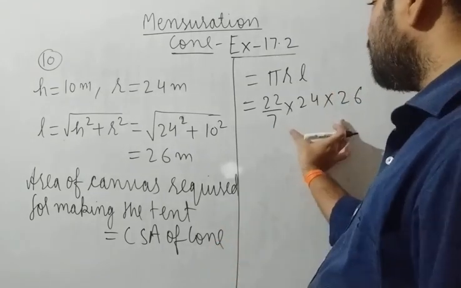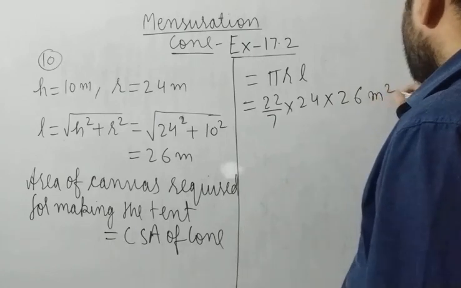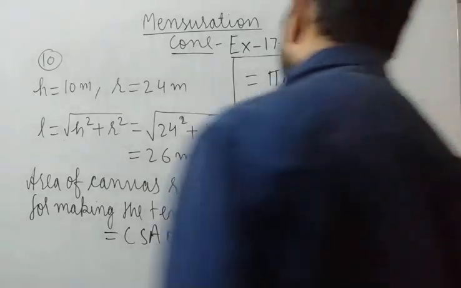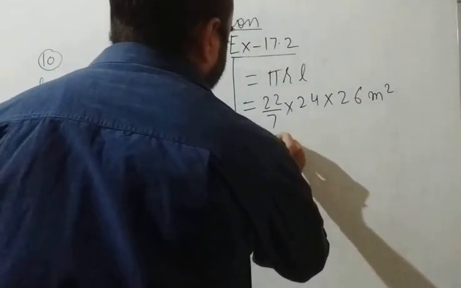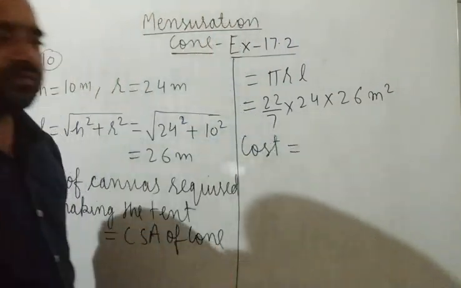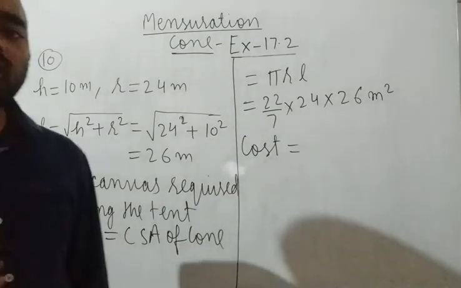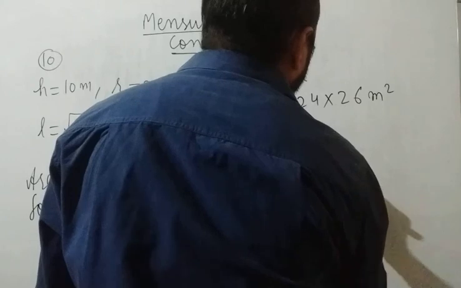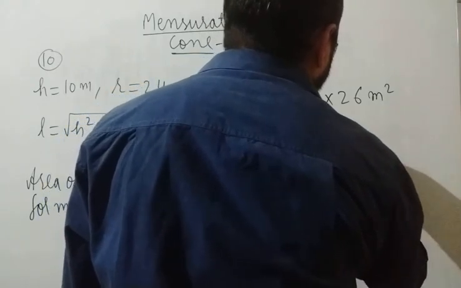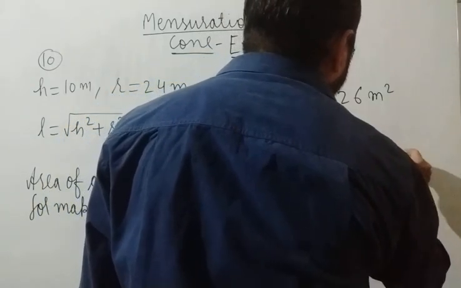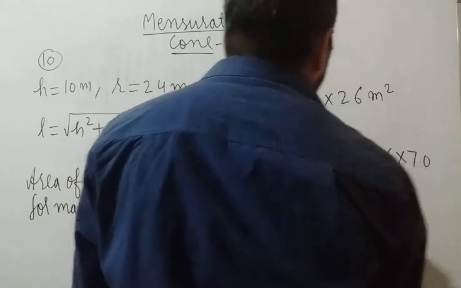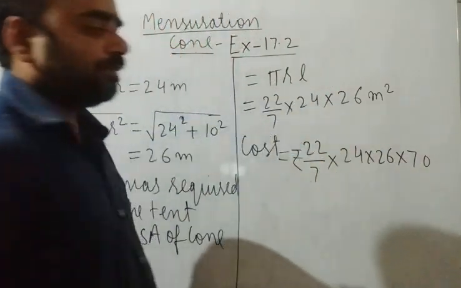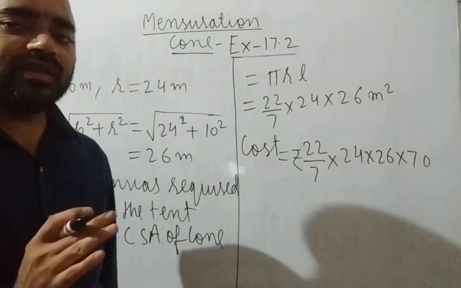This is the area of canvas required for making the tent. Now the cost of canvas will be 22 by 7 into 24 into 26 into 70. This will give the cost.